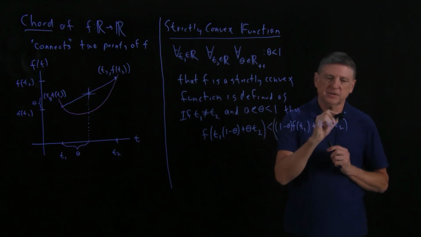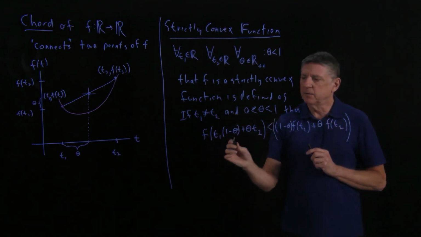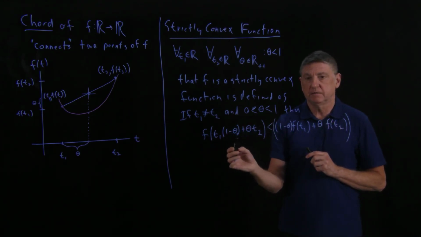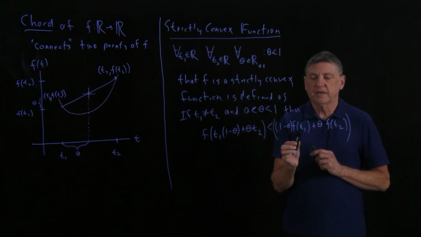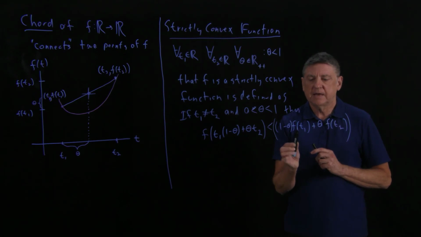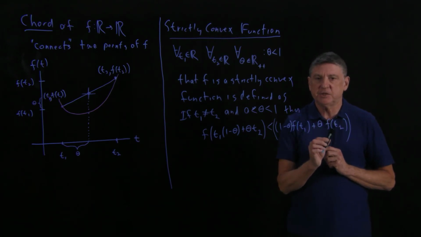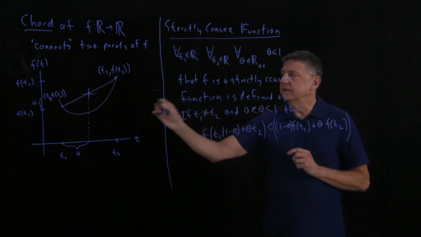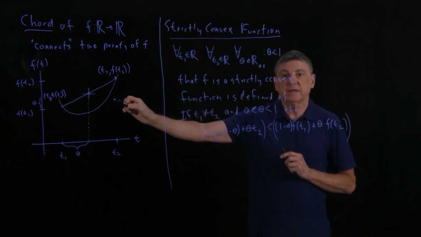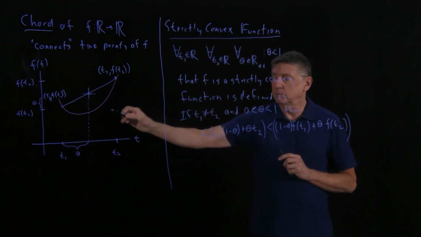So if the function evaluated at this intermediate value is less than the interpolation between f at T1 and f at T2, then that means that this function is strictly convex on that domain.